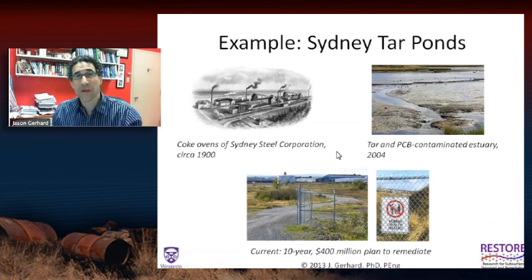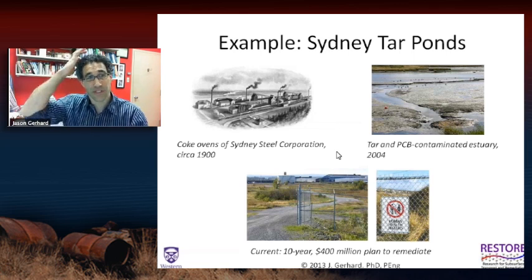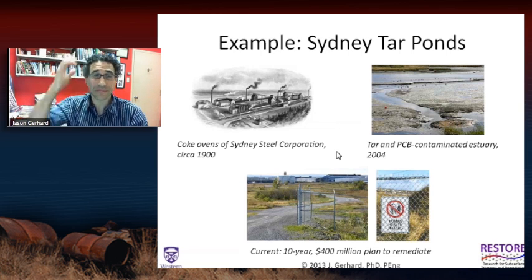So here's an example. Probably the most famous coal tar site in Canada is on the east coast of Canada, in Nova Scotia, called the Sydney Tar Ponds. As you can see, around 1900 there were a number of coke ovens that were powering the Sydney Steel Corporation, and coal tar was a byproduct of this coke combustion process.